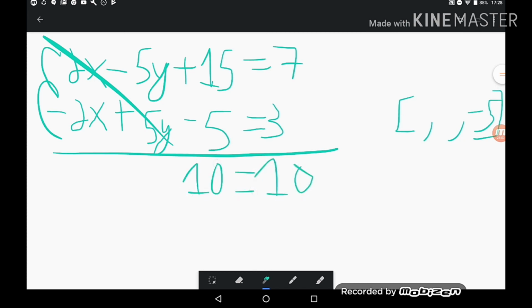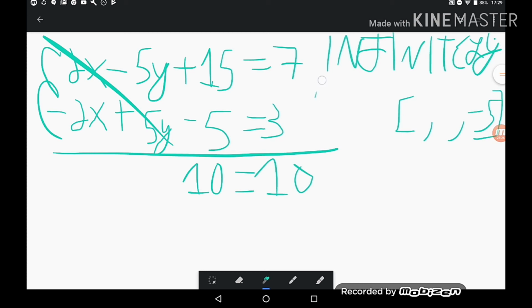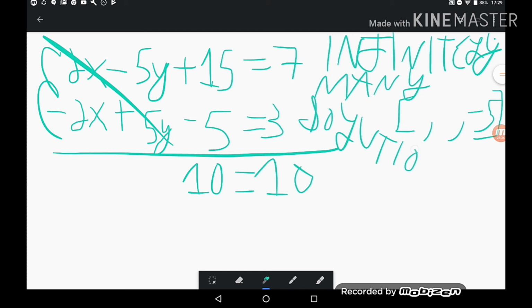Now, whenever this happens, when you have a number equal to another number, the result is going to be infinitely many solutions.